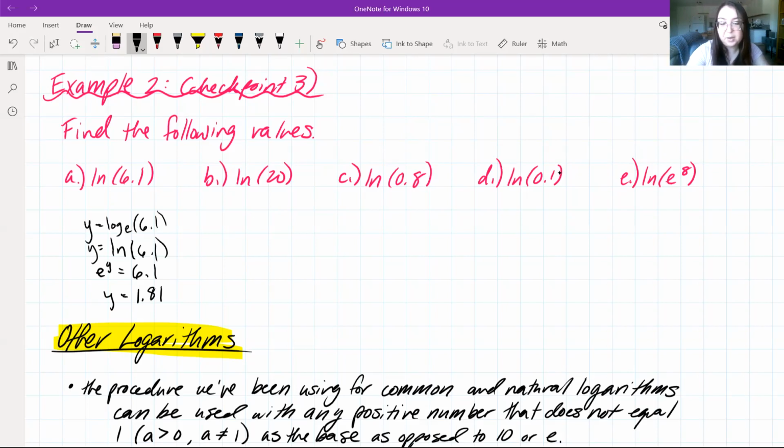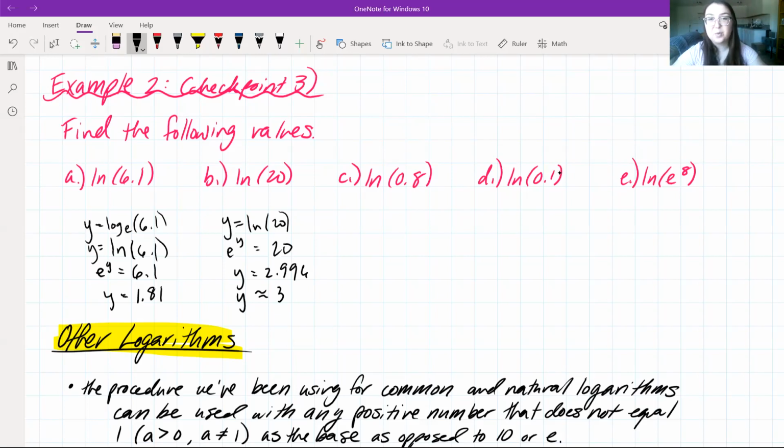Now for part B, we can do the same thing as before. So we know that y equals the natural log of 20. So e to the y power is going to be equal to 20. And by using our calculator, we should be able to find that y is equal to 2.996, and we can assume that y is around 3.